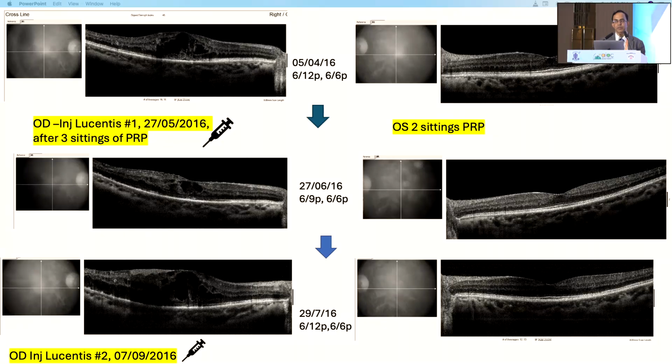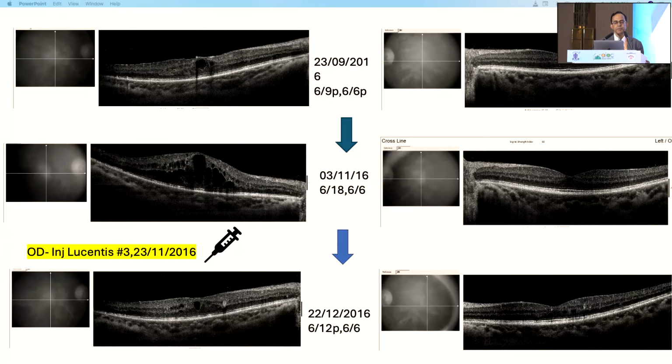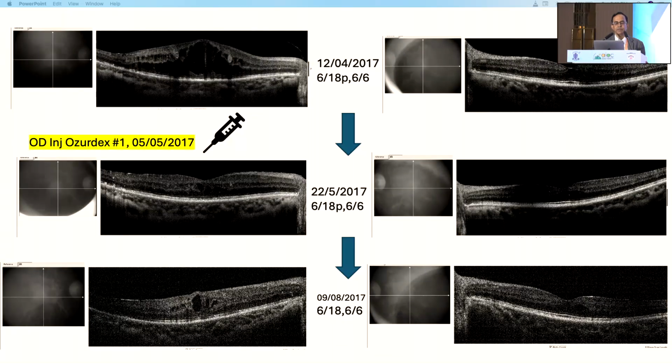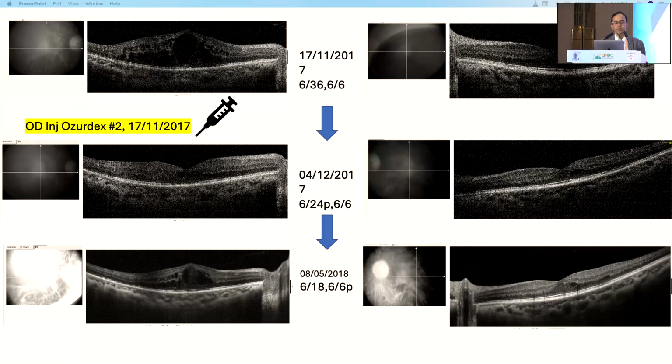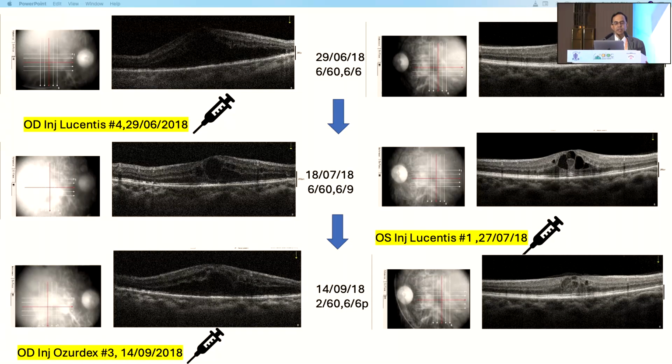You can see a fair amount of macular edema in the right eye. The left eye underwent 2 sittings of sparse PRP initially, and then had these injections over the successive years, 2016, 2017. Even Ozurdex was given in the right eye, but the edema would come back very regularly.